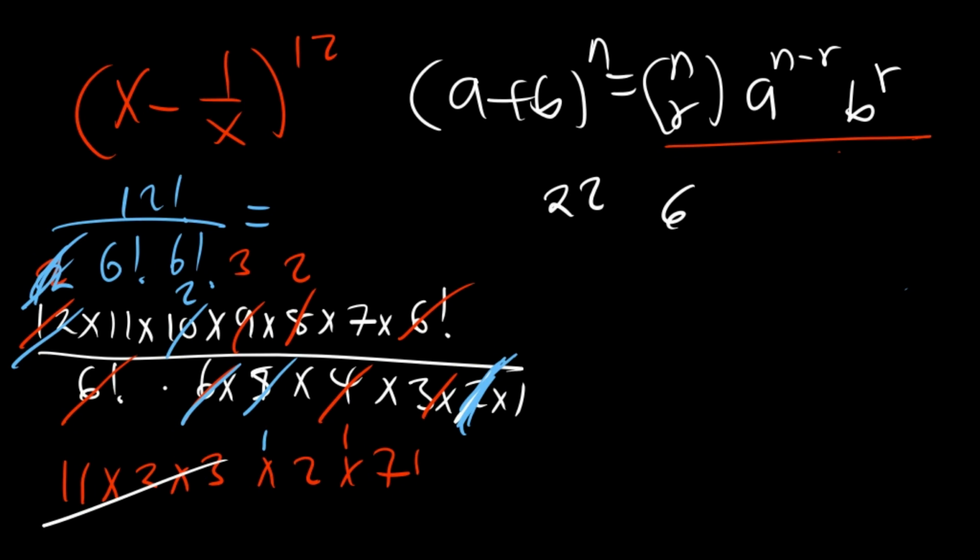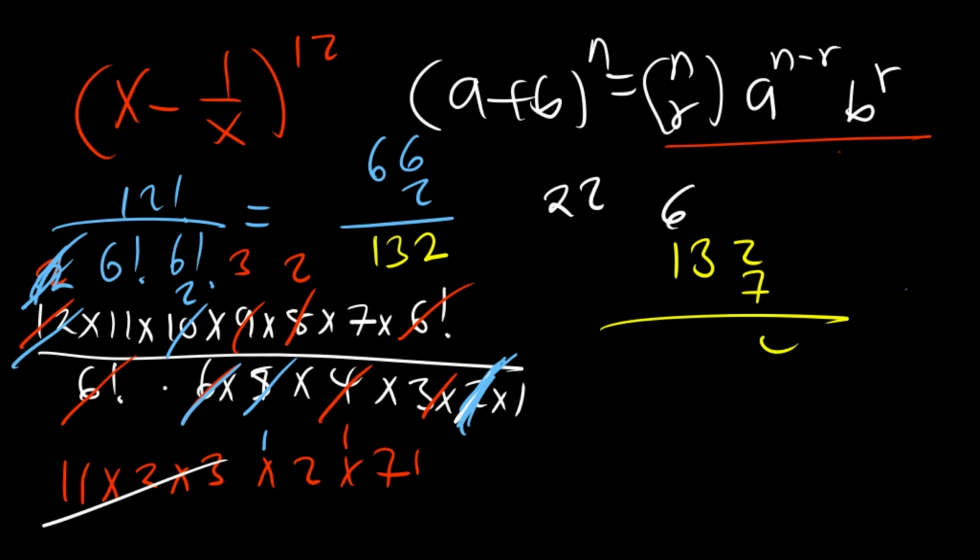Okay, sir. So we are saying 11 times 2 is 22. 22 times 3, 66. 66 times 2: I'll say 12, 2 carry 1, then again 12, 12 plus 1, 13, 132. I have 132 times 7 now. So 14, 21, 21, 22, 2 carry 2, 7, 9.